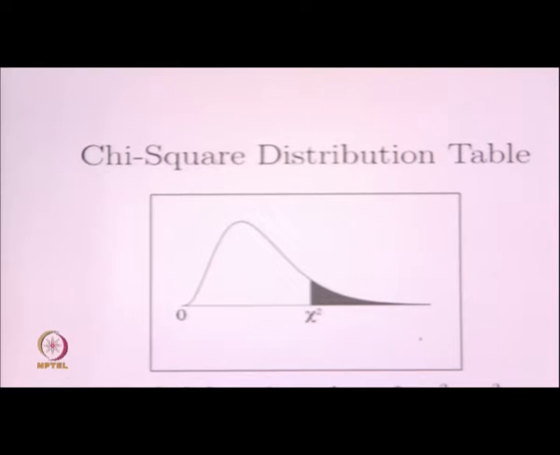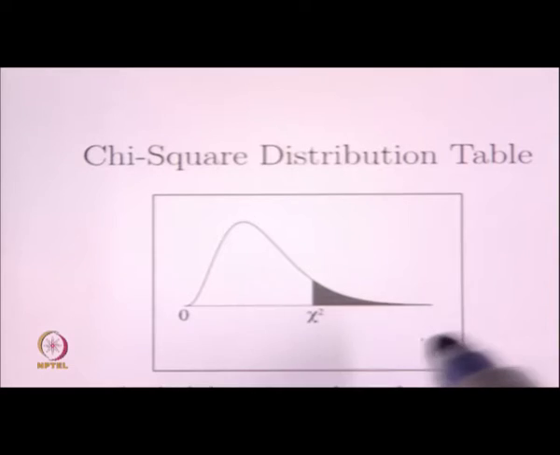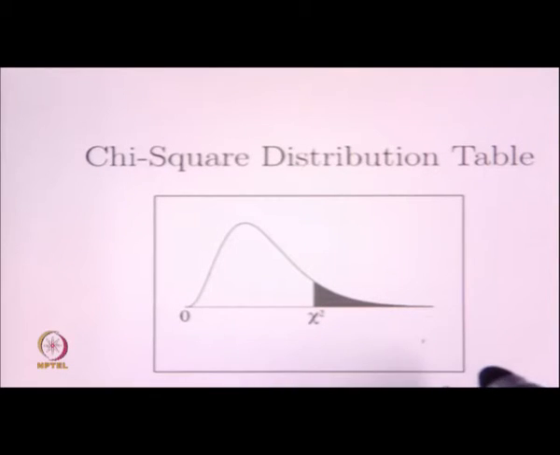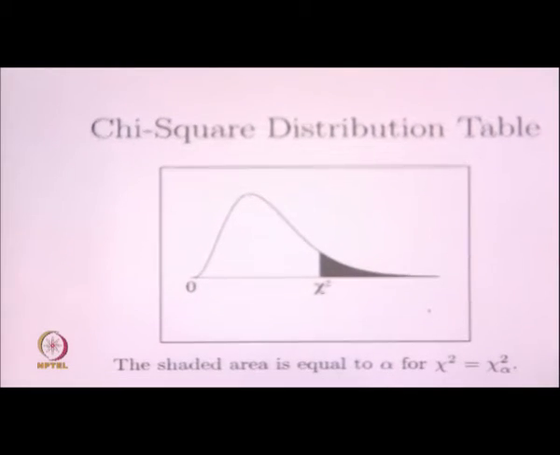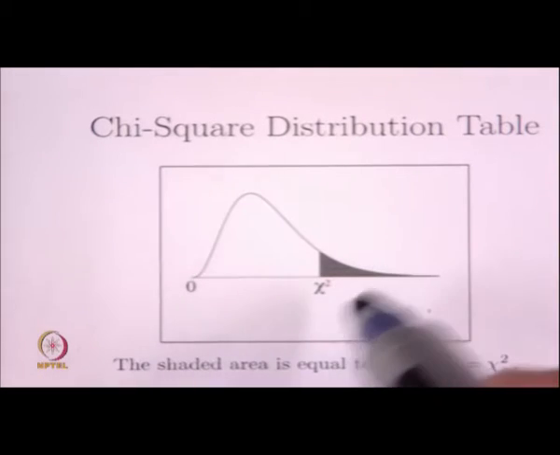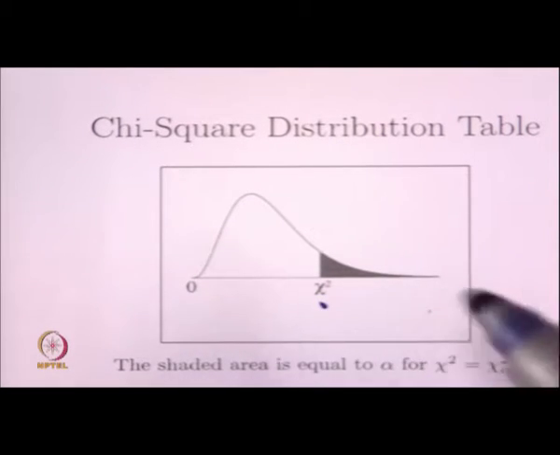If you look at it, you can see that it is a chi-square distribution table. The values are tabulated for different degrees of freedom, and the values are given for this point such that the shaded area is equal to alpha.